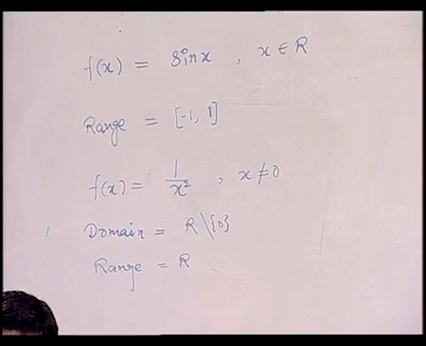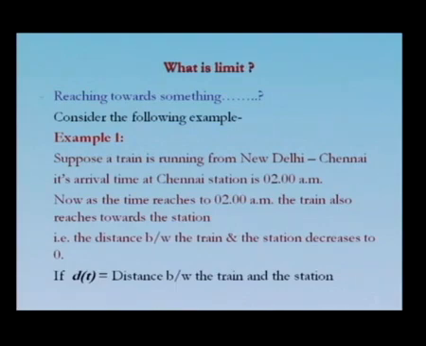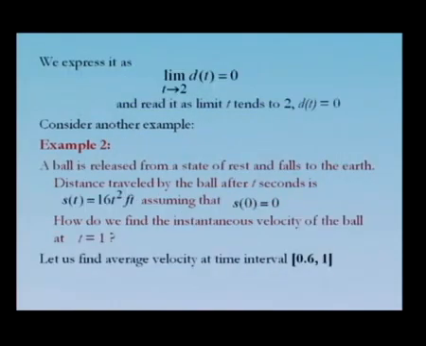That is, the distance between the train and the station decreases to 0. So, if we take d(t) equals the distance between the train and the station, we express it as limit t tends to 2 of d(t) equals 0.